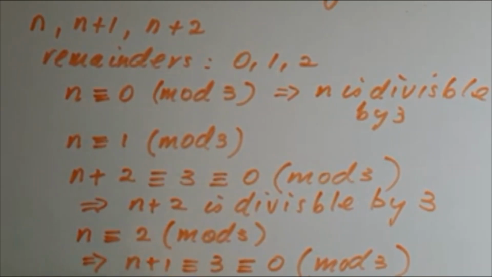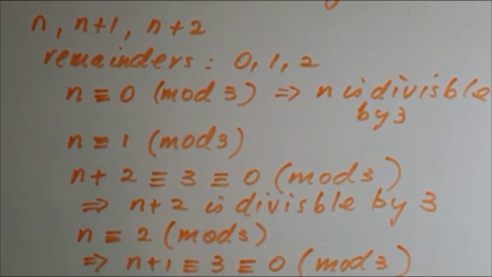We add 1 to both sides of this congruence, and we have n add 1 is equivalent to 3, which is congruent to 0 mod 3, which again indicates that n add 1 is divisible by 3.